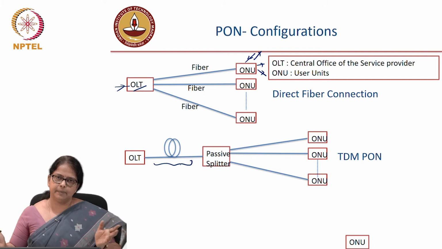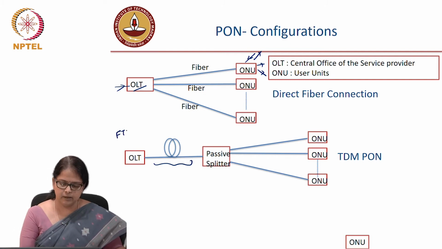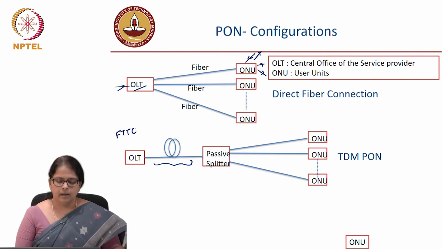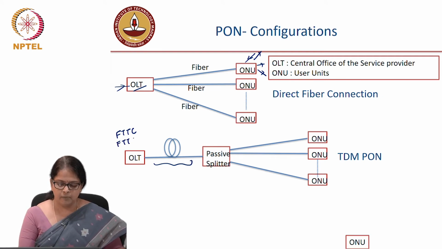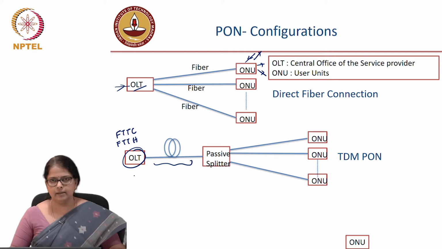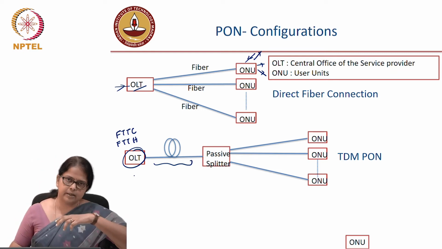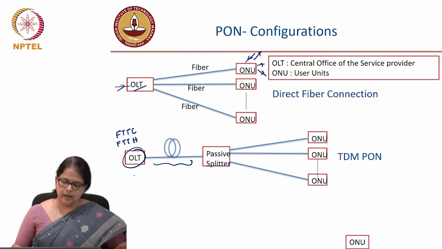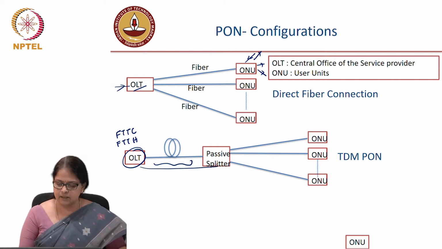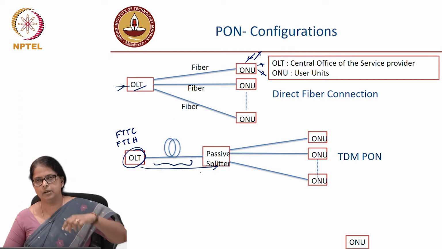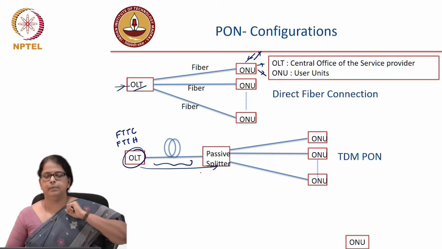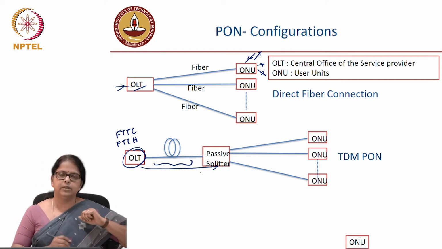A classic example is fiber to the curb, right? Fiber to the curb or fiber to the home, the OLT can, from the central office of the service provider, reach, for instance, up to the specific apartment complex through this fiber.